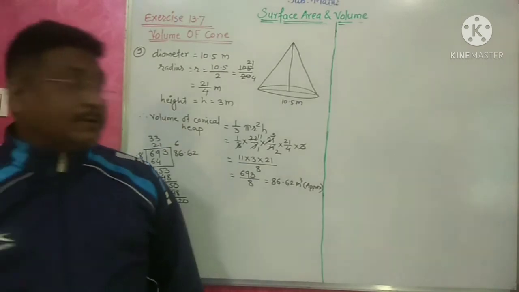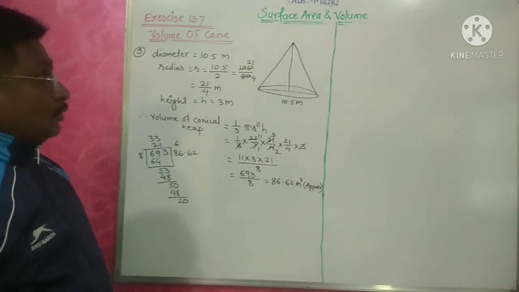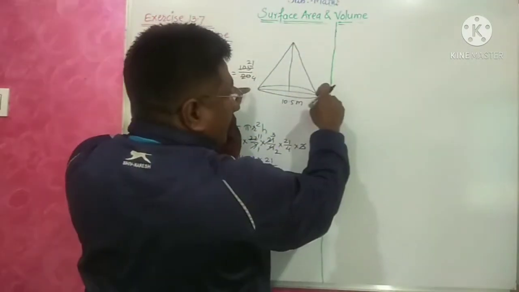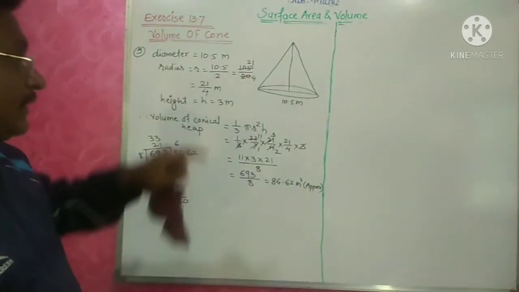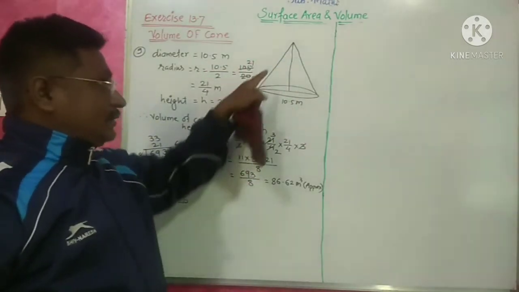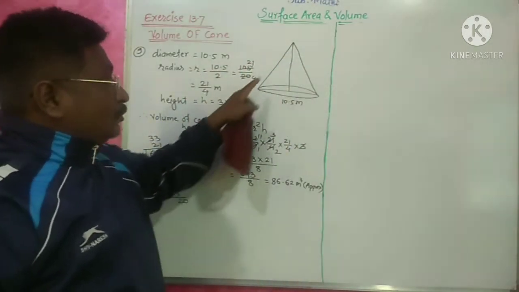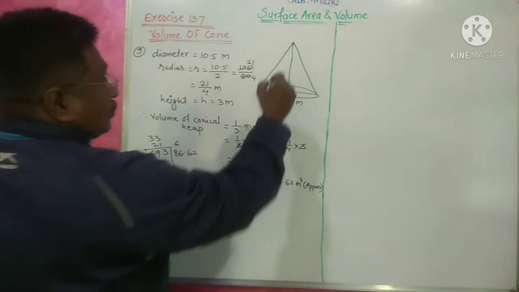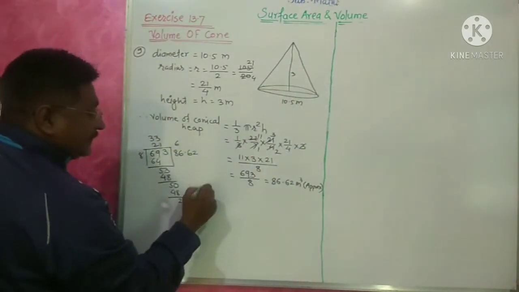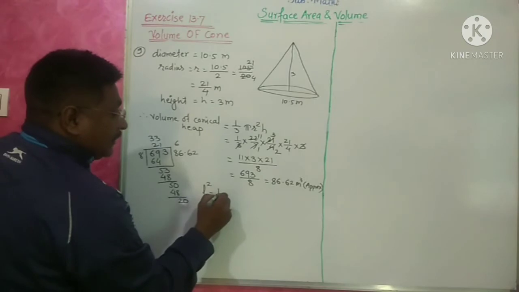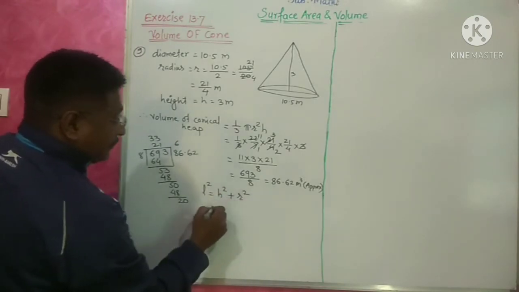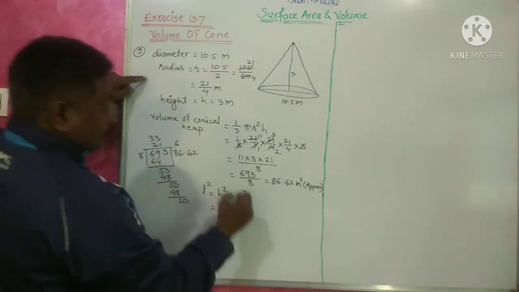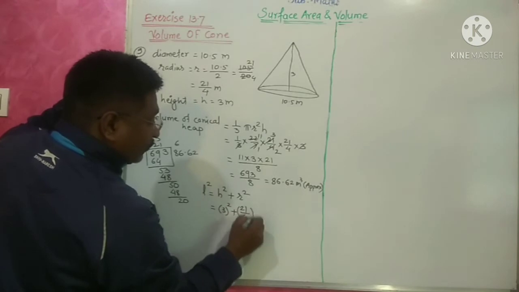So what has to be found out? Canvas. Canvas means we are covering here. On the ground we will not put it. So this we are covering, so what will we get? Slant height. What is CSA? What we are finding is CSA. To find the CSA, what do we want? Slant height we want. So here first we have to find L. L square equals H square plus R square. So what is H? 3 square plus R, 21 by 4 whole square.